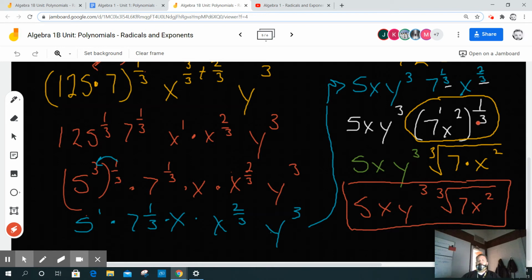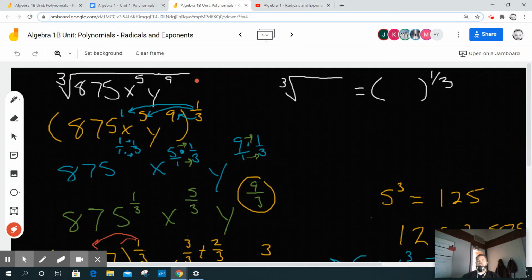Now remember, if I raise anything to the 1/3, it's the same as taking the cube root. So all this stuff I'm just going to leave alone. And so my final reduced answer is 5x y cubed times the third root of 7x squared.